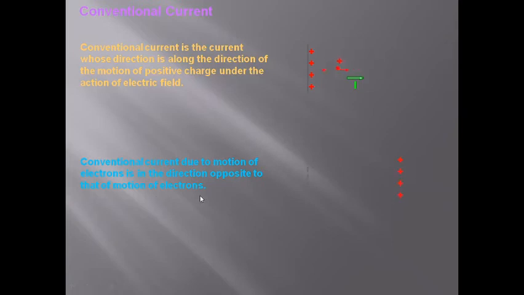If electrons are moving in this direction, the conventional current is taken opposite, that means in the direction of flow of positive charge. So in any electric circuit we use this conventional current to show the direction of current.